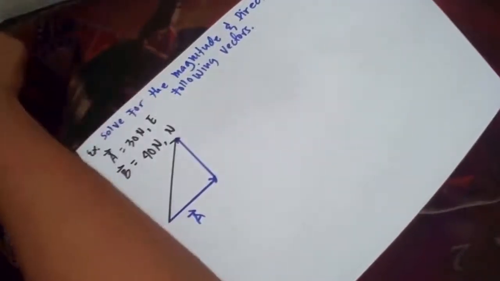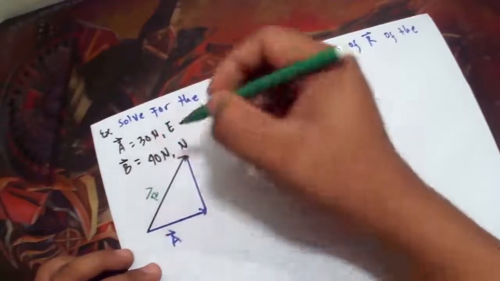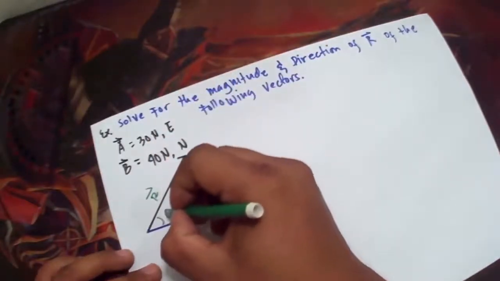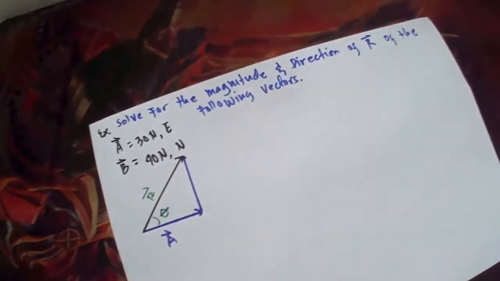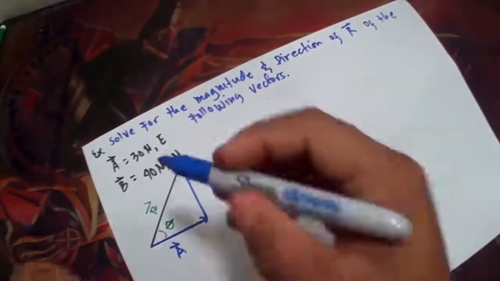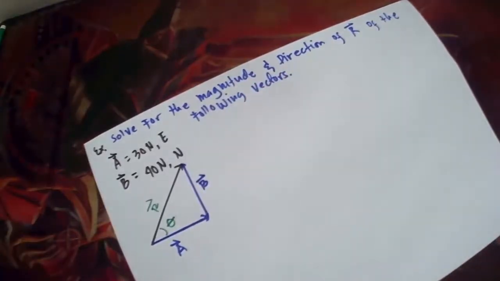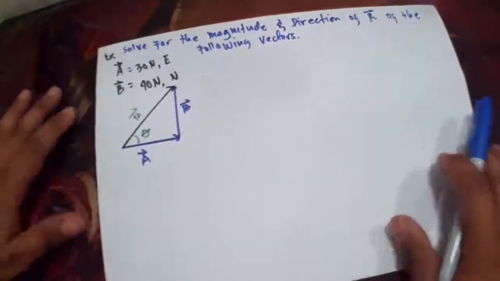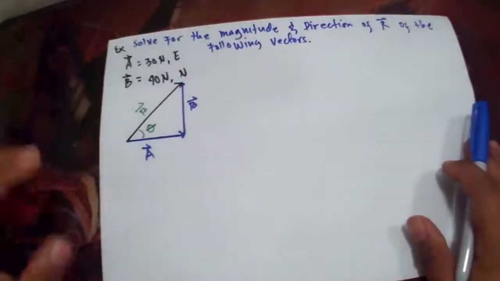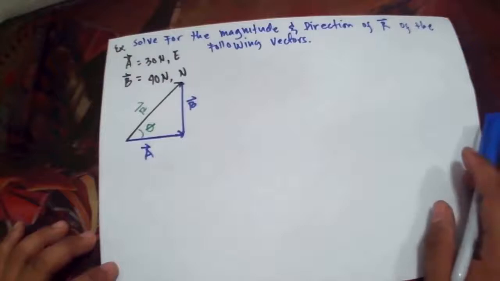So this is now our resultant vector, and this will be our direction, and this will be our vector B. So we have already drawn the two vectors that we have. So we already form a right triangle.